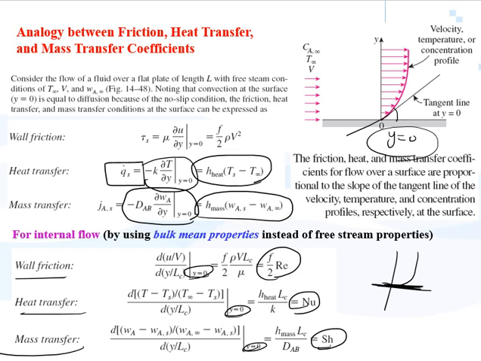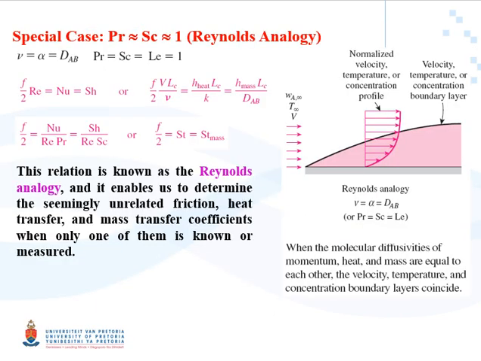Okay, we are familiar with this concept. We are not going to spend more time on it. One of the very famous analogies, if you remember, we had two famous analogies in heat transfer. The first one was Reynolds analogy, and the second was Chilton-Colburn analogy.